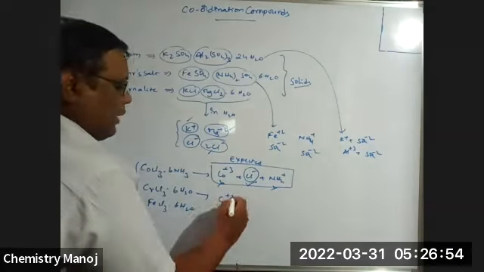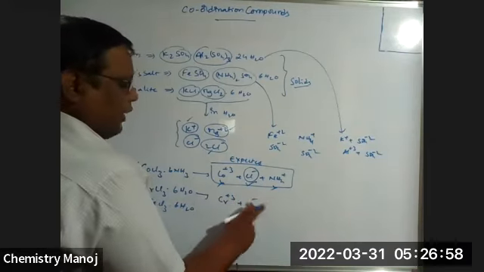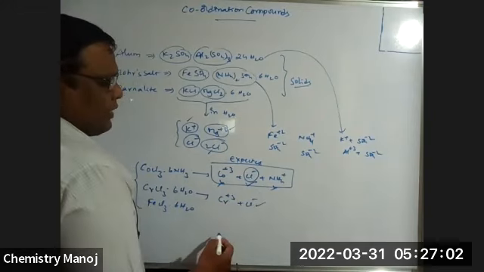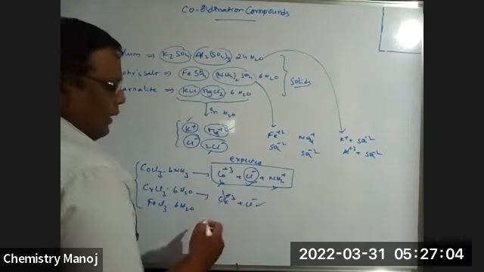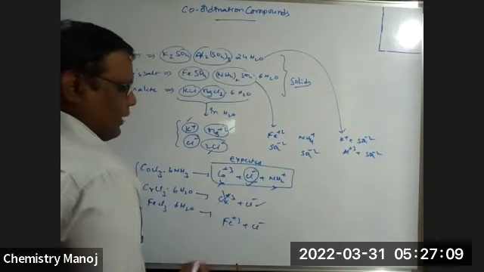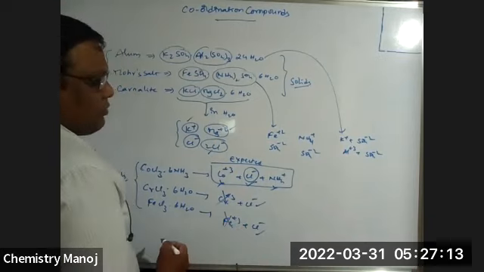See here also Cr3+ expected, Cl- expected. Only Cl- observed, but not Cr3+. Here also Fe3+ expected, Cl- expected. Here Cl- is observed, but Fe3+ is not observed there.